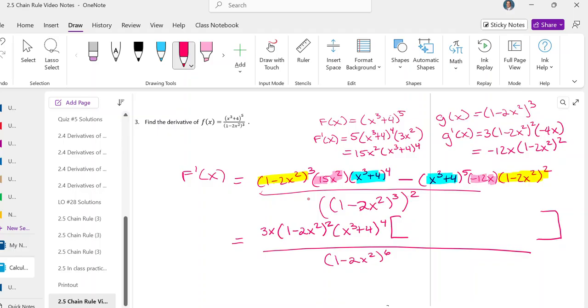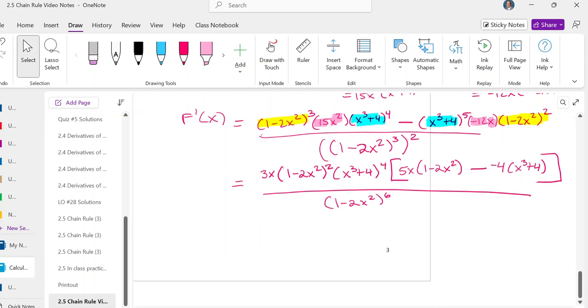Here, what's left? Well, first of all here, you take out 3x, so you're left with 5x. And then you have 1 minus 2x squared. And then you took out everything there. And then here, you're left with a negative 4. And then you took this out, and you're left with x to the third plus 4 there.